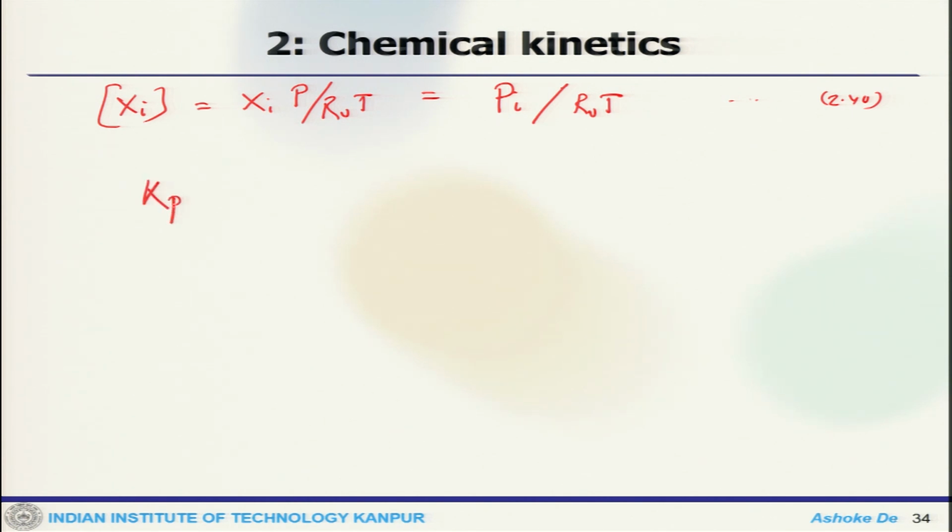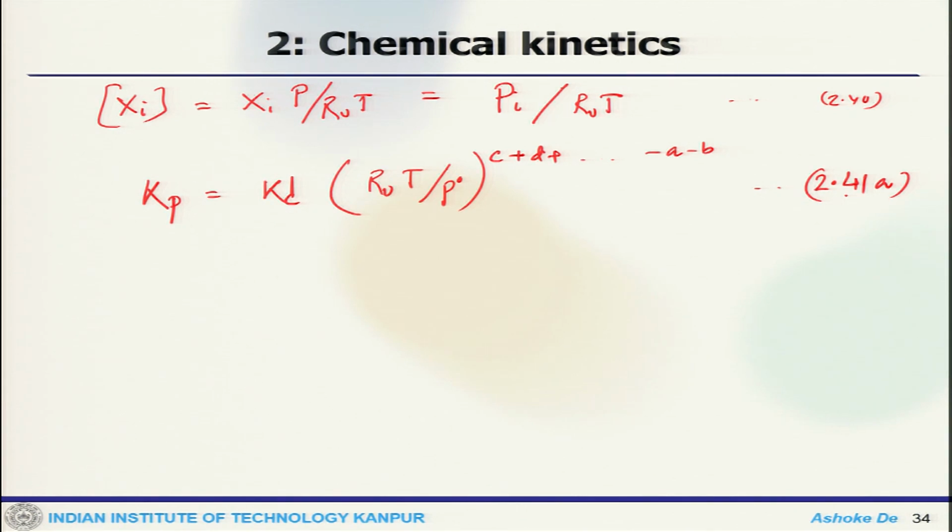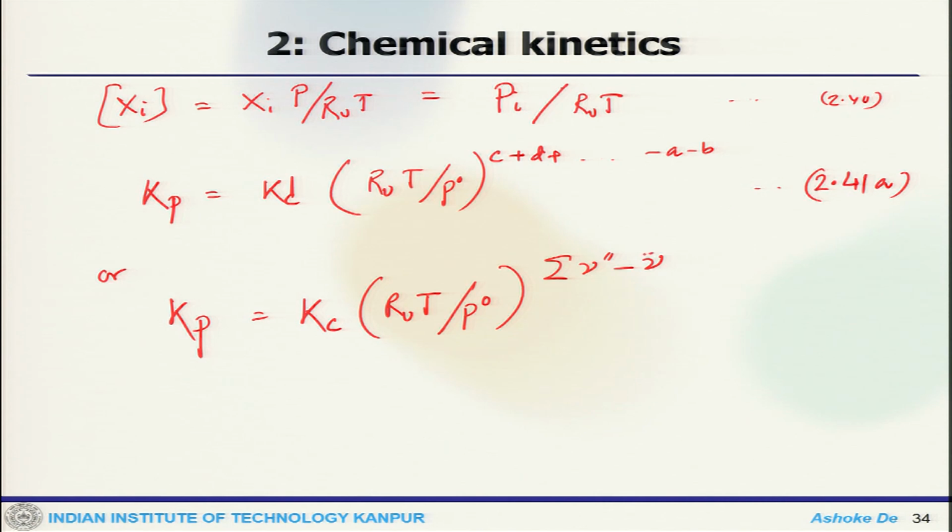So, we can find out Kp equals Kc times (RuT by P naught) to the power of (c plus d minus a minus b), which is 2.41 A, or one can write Kp equals Kc by P naught, summation of this.